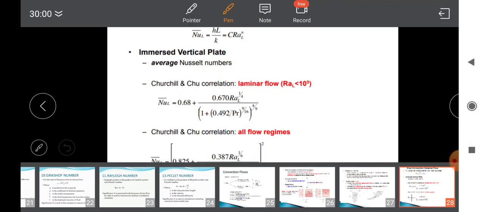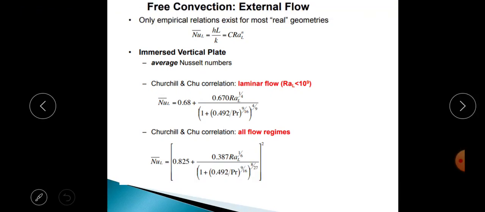So first is free convection for external flow. Only empirical relations exist for most real geometries, that is Nu_L, the Nusselt number, equals hL by k. For an immersed vertical plate, for average Nusselt numbers, the Churchill and Chu correlation is there for laminar flows, Ra_L less than 10 to the power 9.